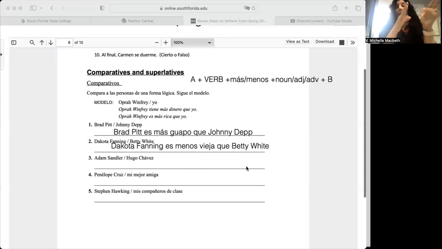So again, thing A, in this instance Dakota Fanning, verb menos, and then whatever they're less, in this instance old, que, and then Betty White. Okay, so now we have Adam Sandler and Hugo Chavez. I think Hugo Chavez is a political figure and Adam Sandler is an actor.